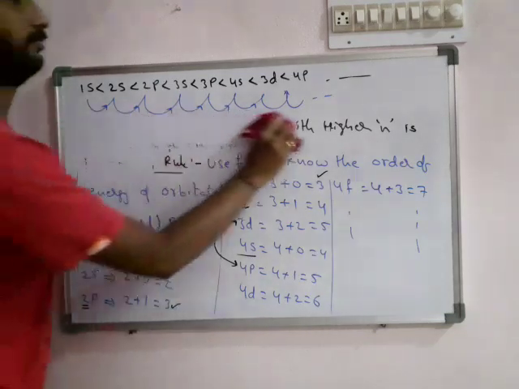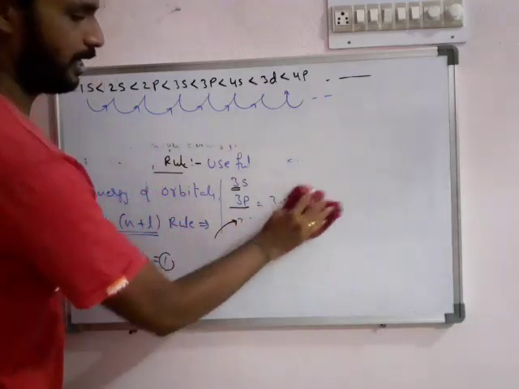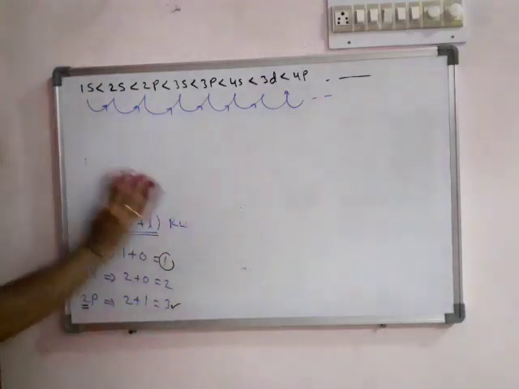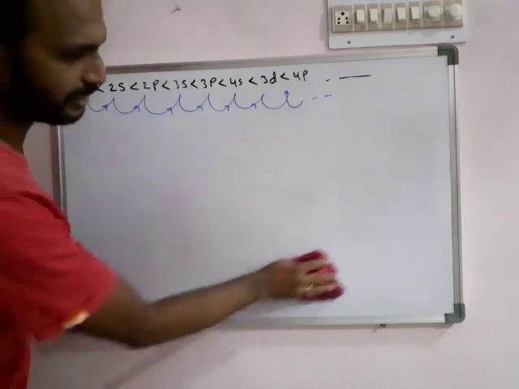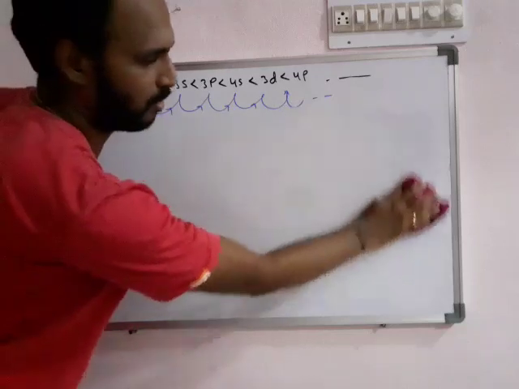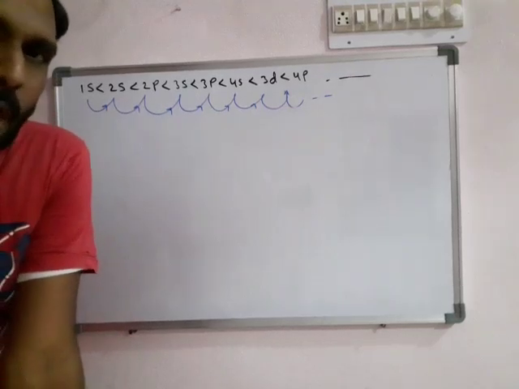Again, it is important to know this order for electron configuration, which is the distribution of electrons. When writing the electron configuration, we must know this order.